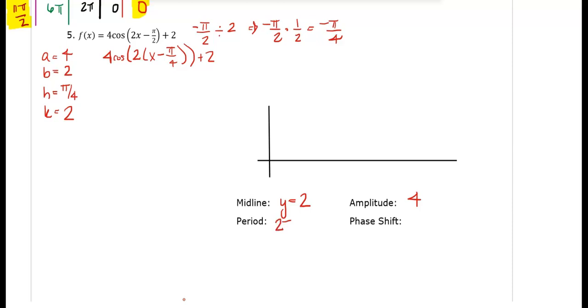I know the period is 2 pi divided by b, so 2 pi/2. So that means that it's just pi. And then phase shift, that's what we're learning today, and that's going to be that pi/4 right there. It's the opposite because it's negative pi/4 in the equation, so here it's going to be positive pi/4.